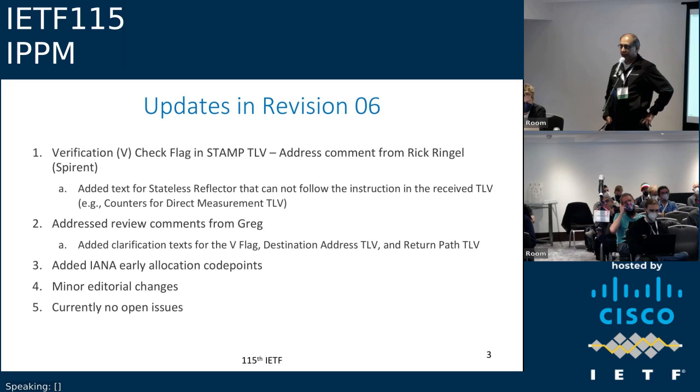We have also addressed various review comments from Greg, with clarification text for the V flag, destination address TLV and return path TLV. We have also done the IANA early code point allocations to facilitate the implementations that are going on, and we have added that in the draft as well. A few minor editorial changes, and we have no open issues right now. And next slide, please.